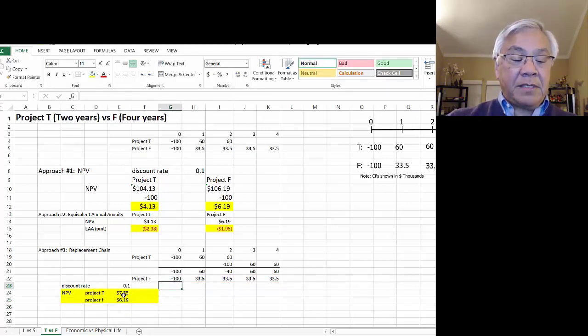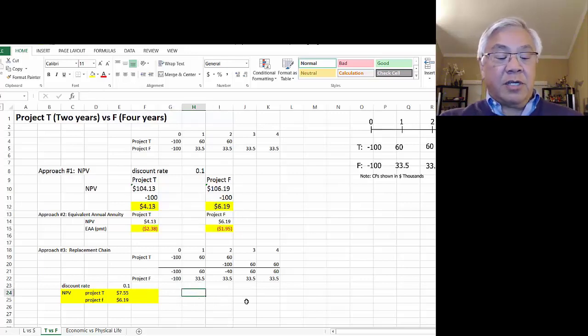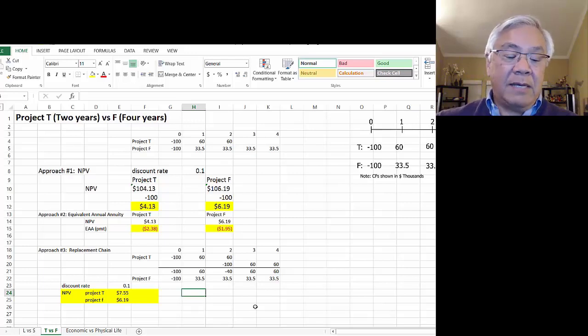So now it flipped. Project F, if it was compared to a 2-year project of project T, would beat it by 619 versus 413. However, if we link together 2 project T's, which has the same time frame as one project F, it flips, and we're better off doing project T. Inherently, what the 2 methods show us is that project T is actually a better project.